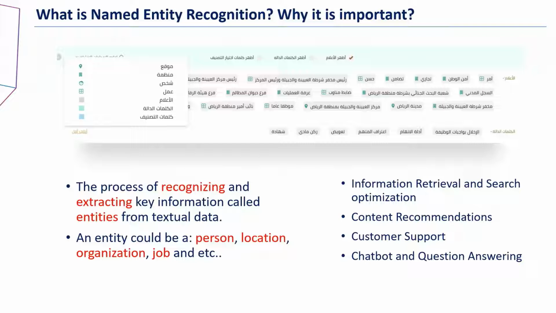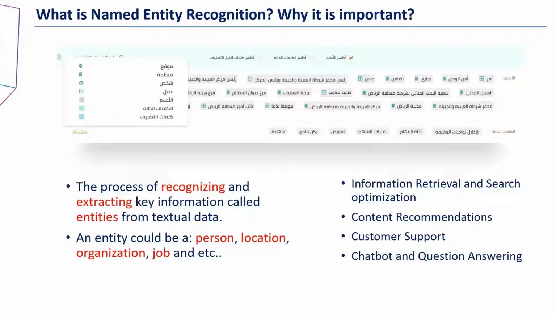I think everyone here in the conference knows what a named entity is, but I want to explain, in a very simple way, that it is a process of recognizing and extracting key information called entities from textual data, and this entity can be a person, location, organization, or job, as you can see on the screen above in Arabic.